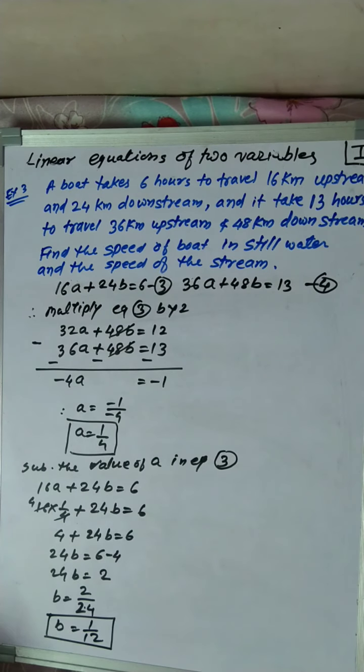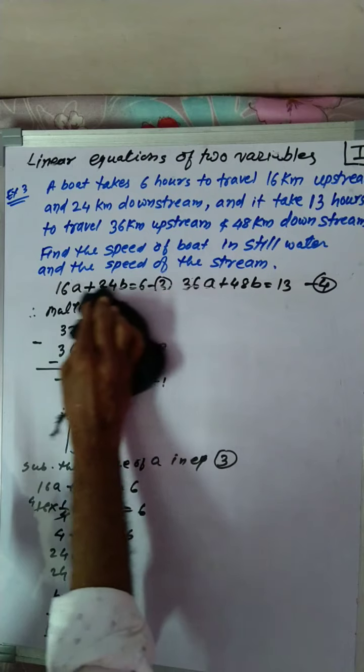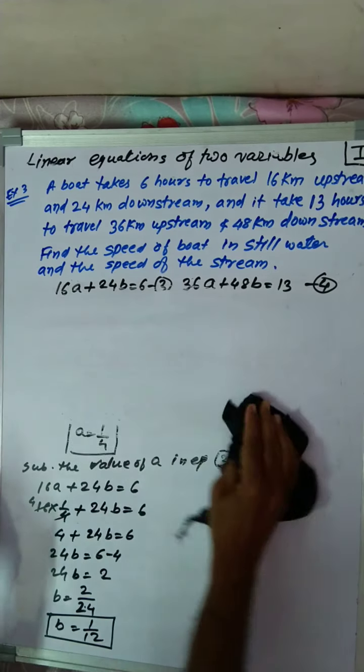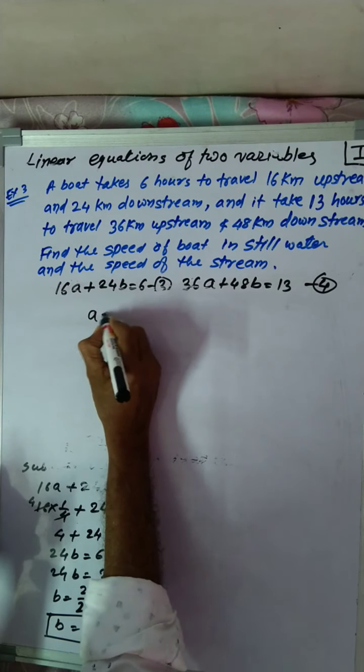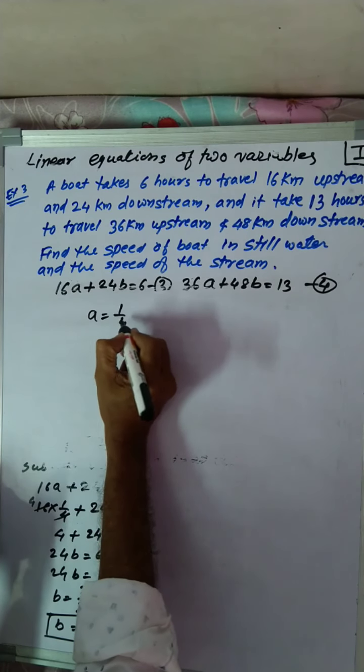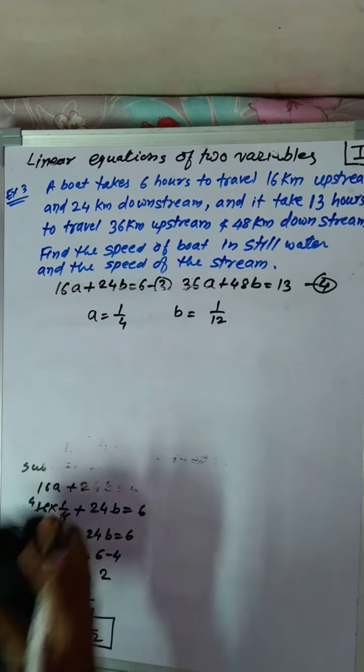Now we have the value of a and b. A is equal to 1 upon 4 and b is equal to 1 upon 12.